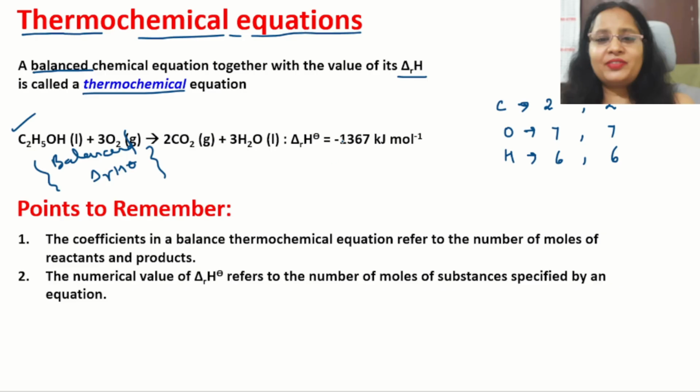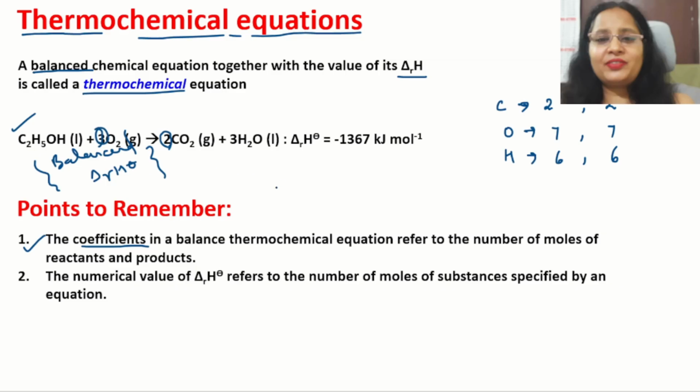That's it. Now some points to be remembered about thermochemical equations. The coefficients in a balanced thermochemical equation refer to the number of moles of the reactants and products. Coefficients are the numbers we put during balancing, like 2 for carbon dioxide and 3 for oxygen.